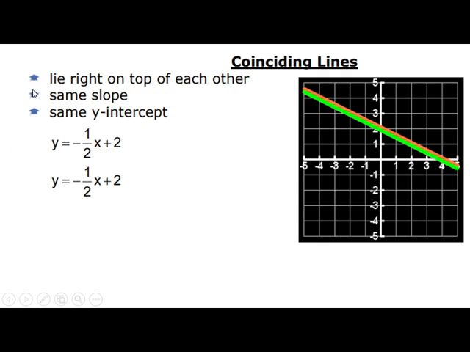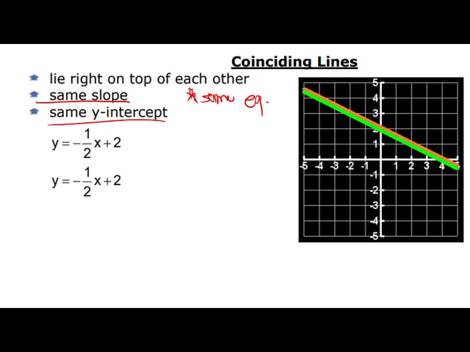The third one, coinciding lines. So, sinasabi again dyan na magkapatong ang dalawang linya o ang linya ng isa ay linya rin po ng isang line. Okay, so lie right on the top of each other. Also, they have the same slope and same y-intercept. O pwede mo na rin sabihin na same equation.